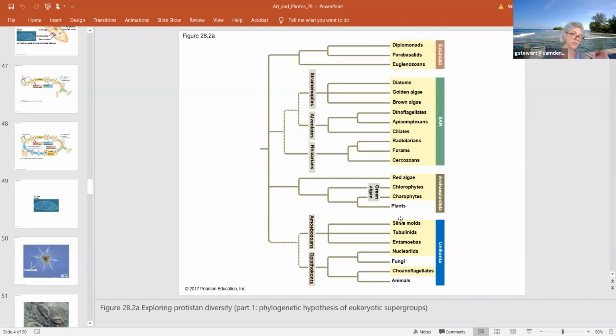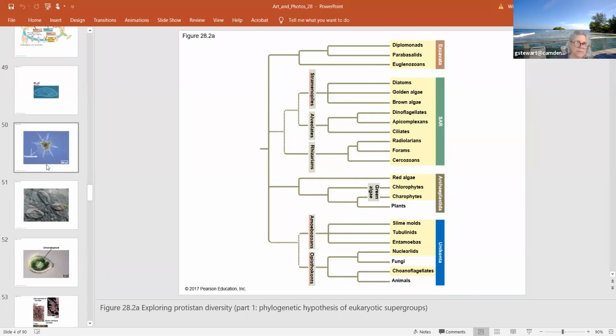So those are some characteristics they share with land plants, but then there are some that they have different than land plants. So notice their closest living relative, right? And then next closest living relative would be the chlorophytes. And then the last group, the uniconts, is super, super diverse.